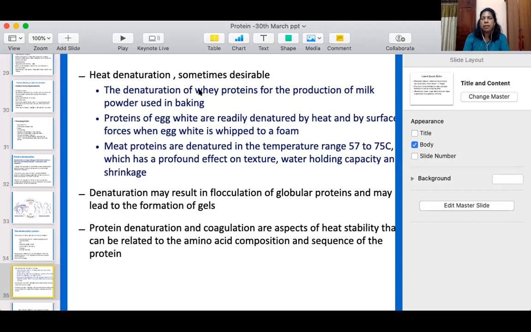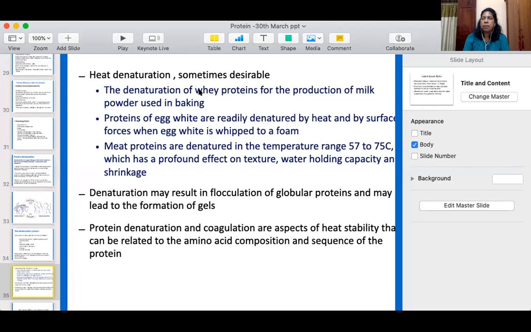Because you learned in the previous lecture that some amino acids are basic, acidic or neutral, hydrophilic, hydrophobic, that kind of thing. Get some information about the amino acid structure and learn about it. Thereby you can understand the denaturation of whey protein for the production of milk powder used in baking.